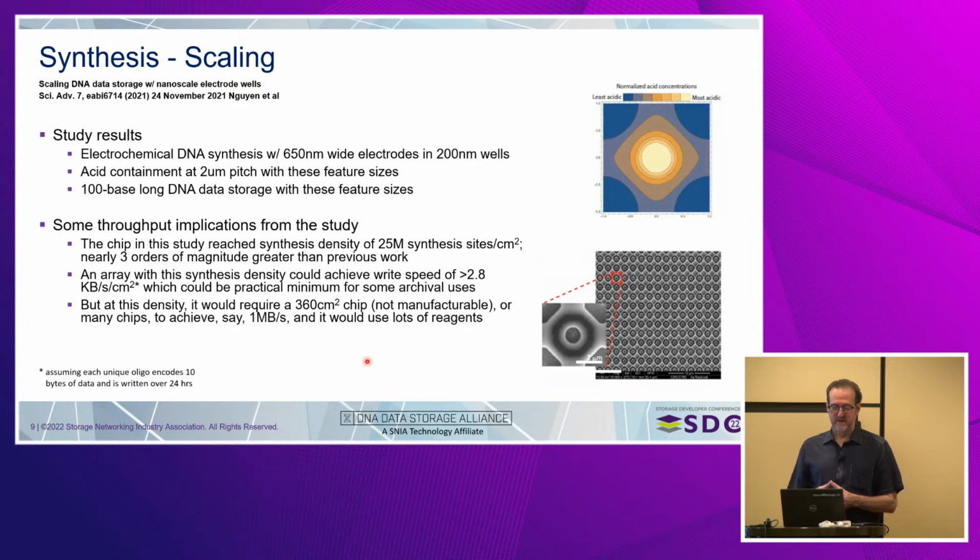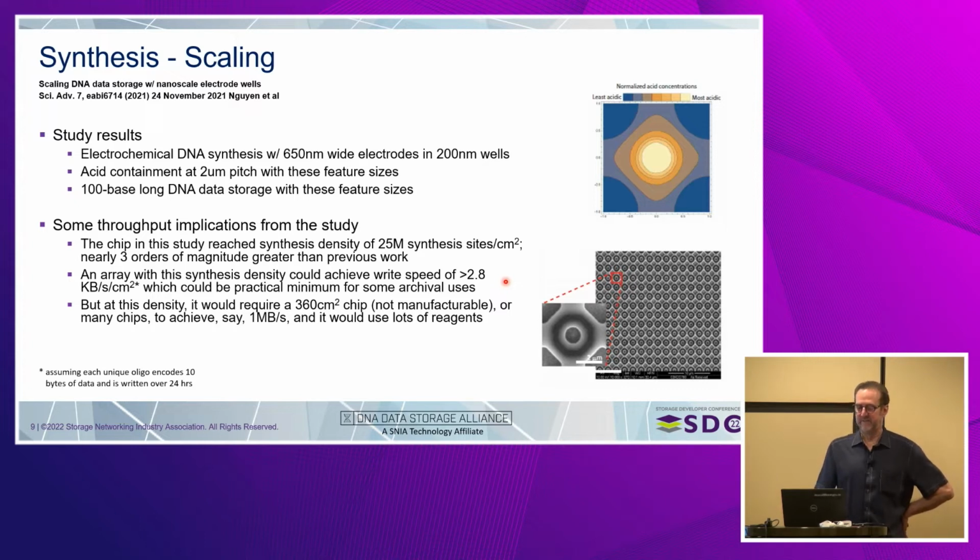If you take an array with this density, you could achieve a write rate in the kilobytes per second per centimeter squared. The authors felt this was like a practical minimum that we could get. So for certain archival applications where the write speed is not so critical, this might be commercially viable. It's a judgment call, but they could see an array of this size would serve a purpose.